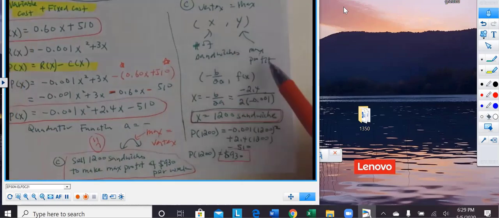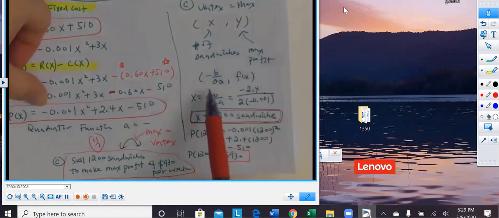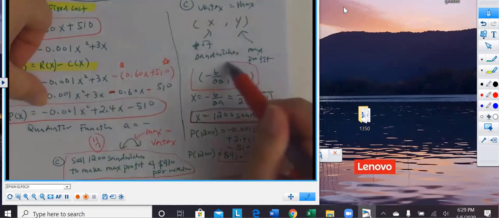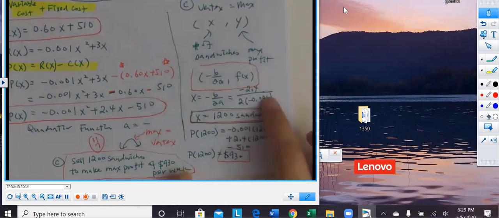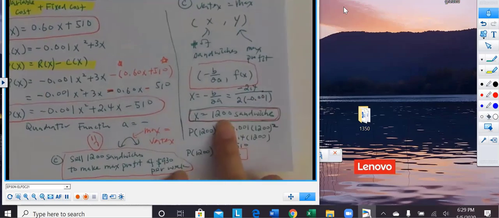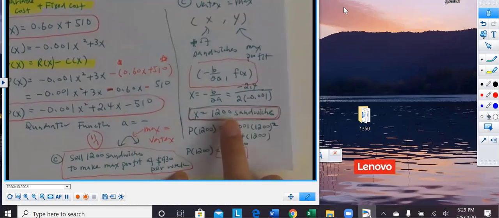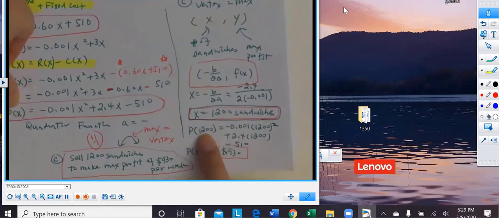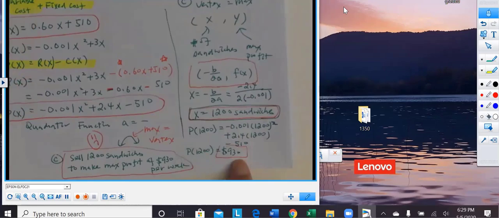The y part represents the maximum profit. Because it's in the general form, we use this formula, right? Negative b over 2a, f of x. So we plug it in, we found out we need to sell 1,200 sandwiches. And once we found that, we use the number to plug into my profit function, right? To find my maximum profit. Are we okay? Here's number 20.